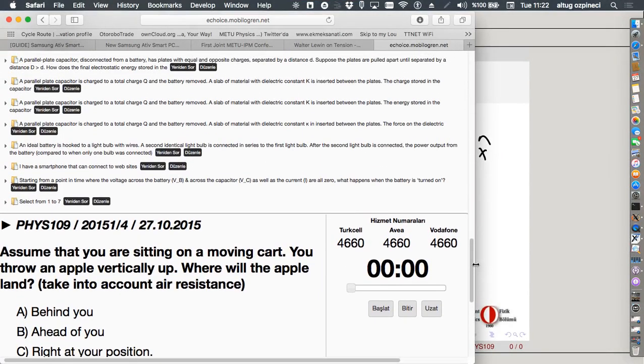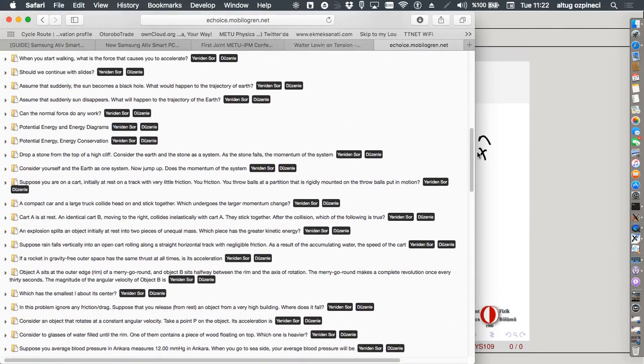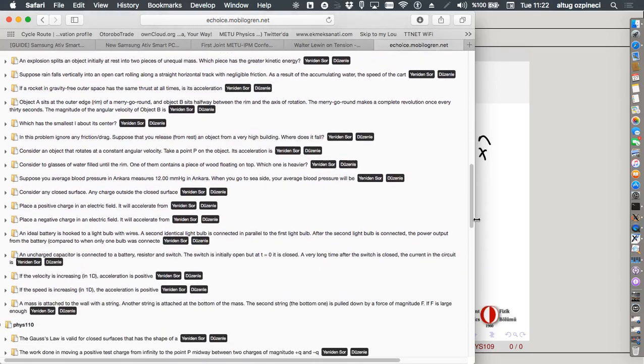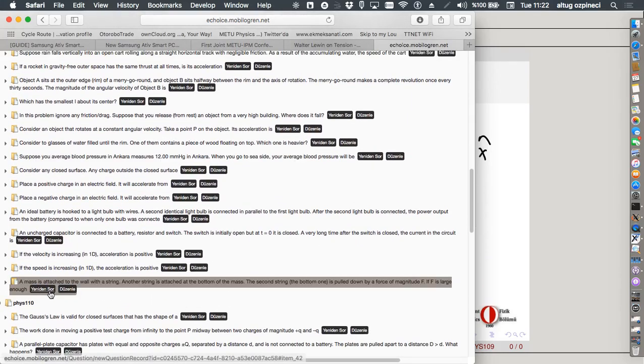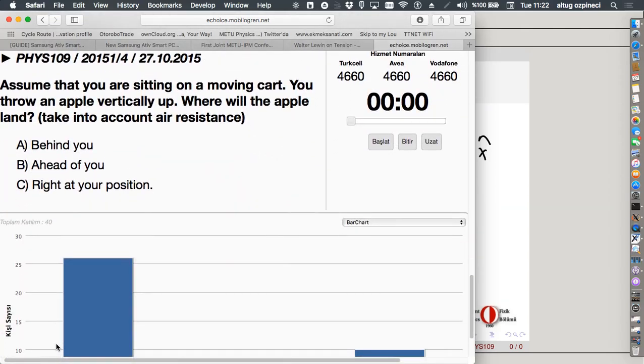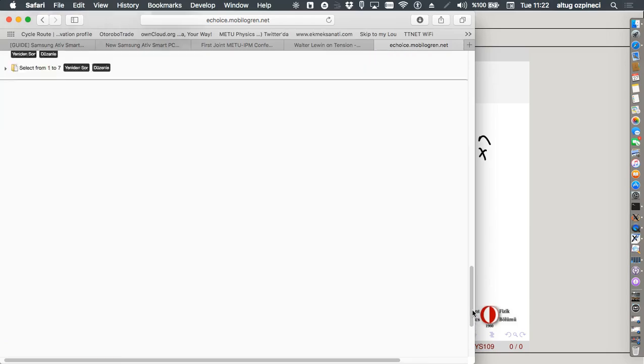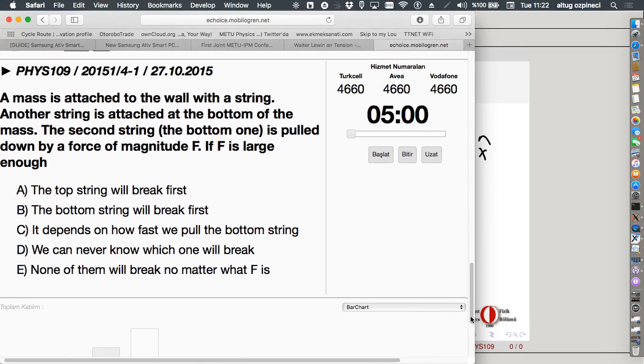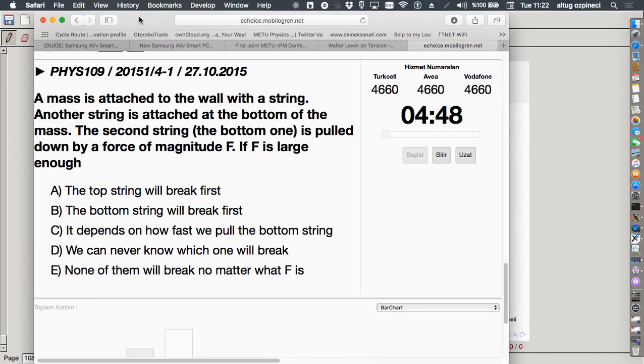So let's see. Prepare your phones. So you have this mass attached by a string to a wall.